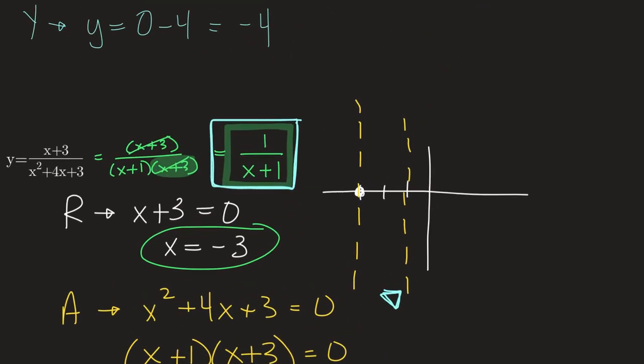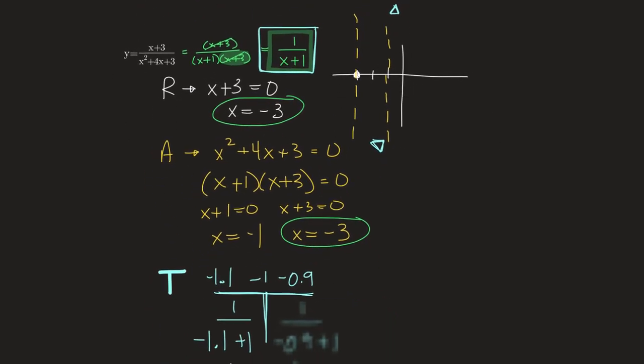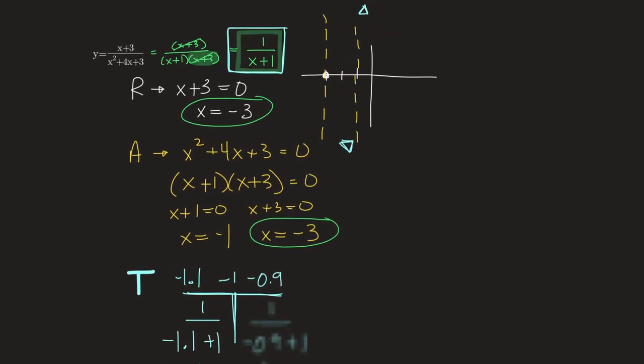So on the right side of your negative 1 asymptote, our graph will be going up. So T stands for table. We want to see what is the asymptotic behavior around your asymptote. In this case, our only asymptote is negative 1. We don't worry about negative 3 because that's the one that's not really an asymptote for our graph.